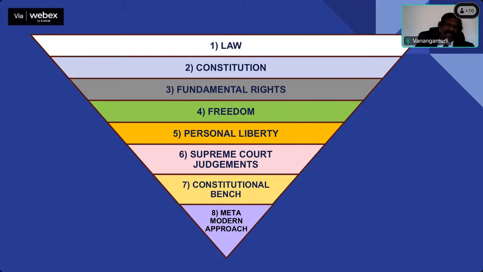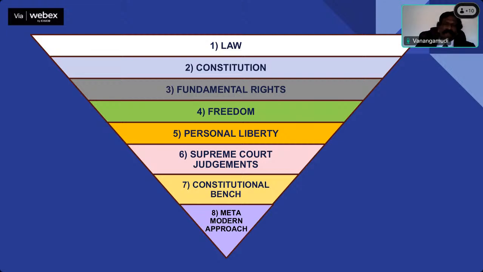From 2001 onwards, you can go to a Google search, thanks to the Chief Justice of India, who ordered the digitization of the entire judgments of the Supreme Court. So all the judgments are there. From your room, you can search for the word meta-modern and see whether it is found in the judgments, and whether it comes in a constitutional bench or not.